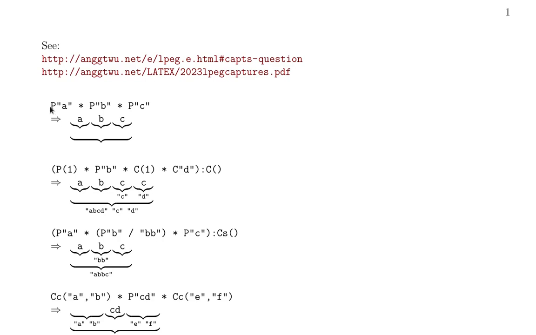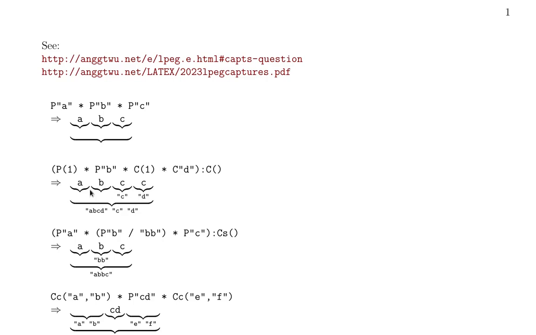In this diagram here, this thing above the arrow is Lua code, a piece of Lua code that specifies an LPeg pattern. This thing here at the top is the string that is being matched, and the things below the underbraces are the captures that each thing captures.